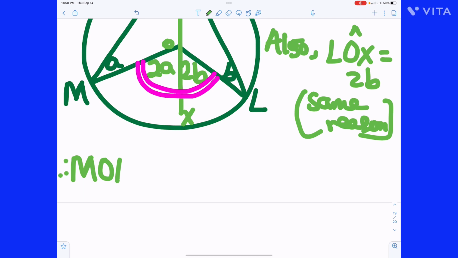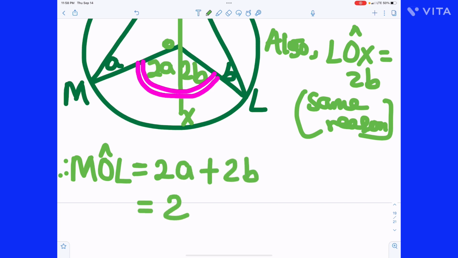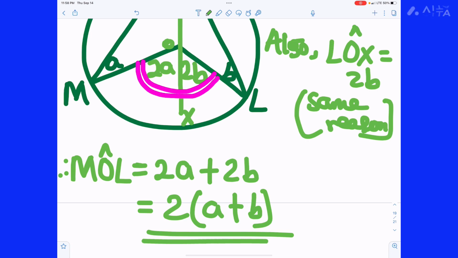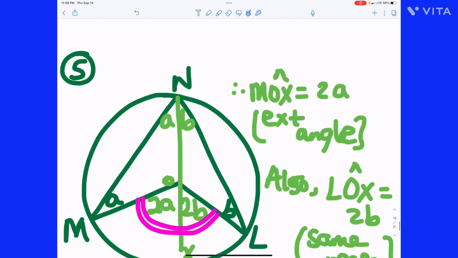Therefore, MOL is equal to 2A plus 2B, and that's 2 times A plus B. We have found MOL in terms of A and B.